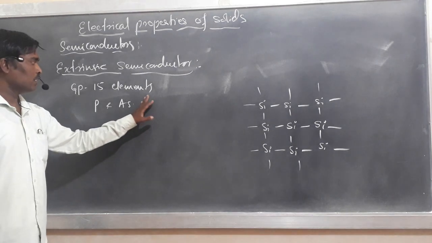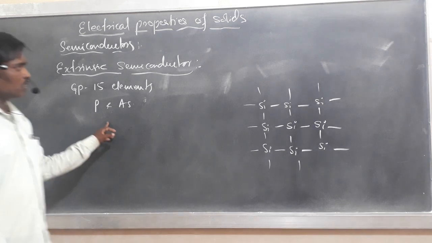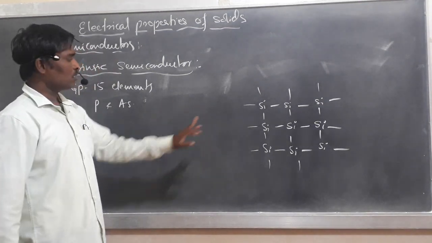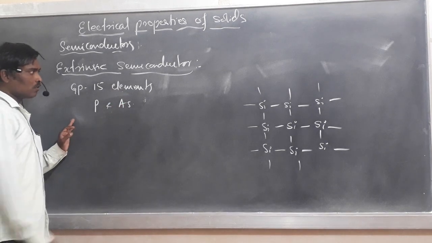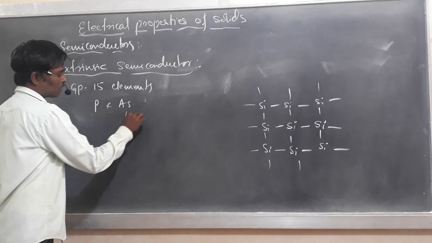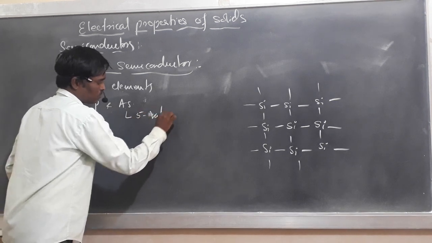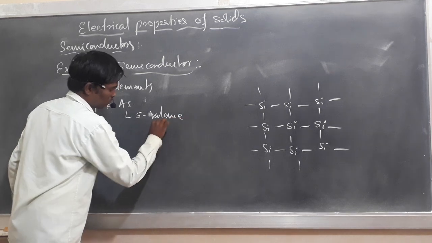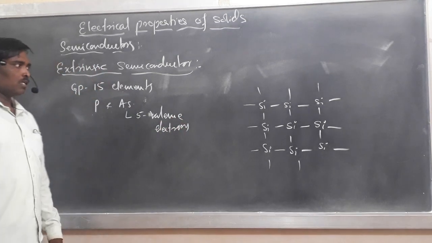When a group 15 element is added to group 14, where the group 14 element is silicon, the total number of valence electrons in group 15 is 5. Arsenic or phosphorus contain 5 valence electrons.